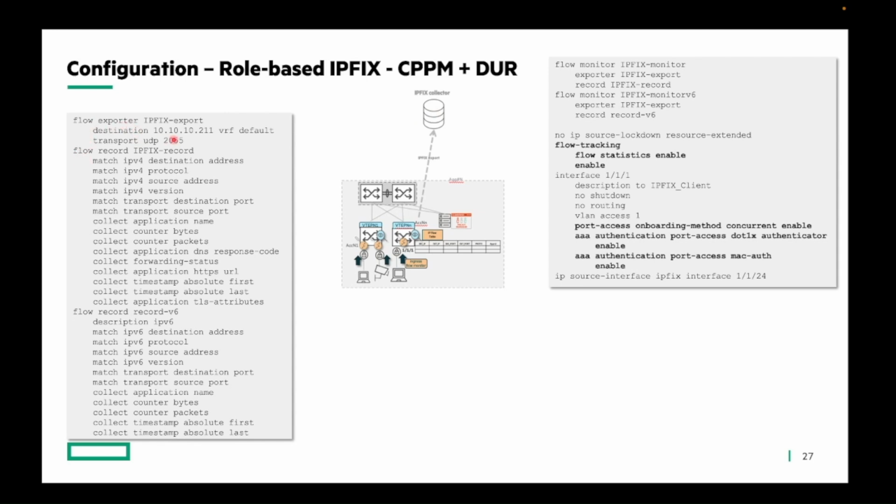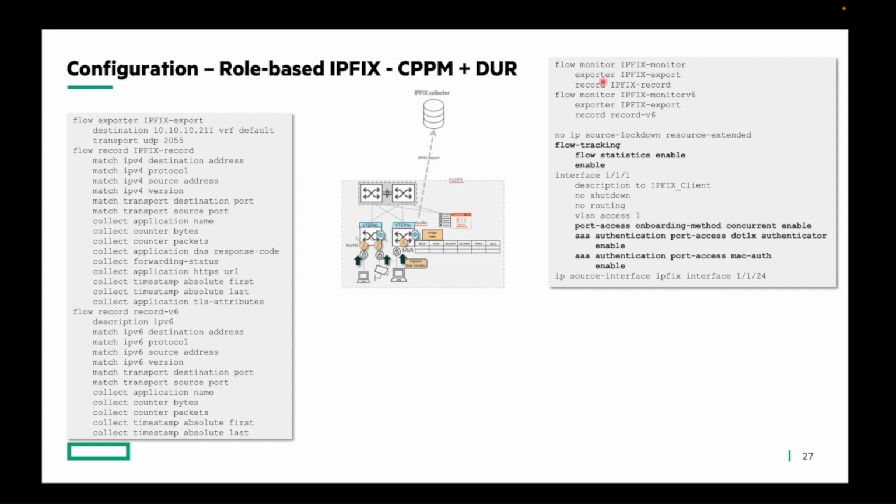Flow exporter is defined. Flow record. If you're using IPv4, you use a separate flow record which contains match and collect fields such as these: the 5-tuple here, the port, address, protocol, version. And then the collect fields: application name if you're using application recognition, counter bytes, counter packets, forwarding status, application HTTPS, timestamp, etc. If you're using v6, use a separate flow record for that and define the match and collect fields for the same.